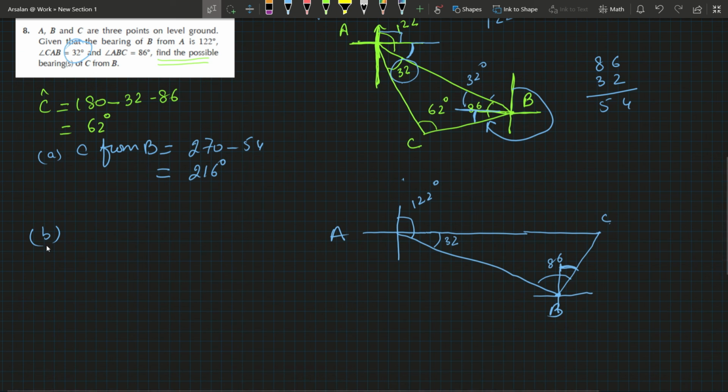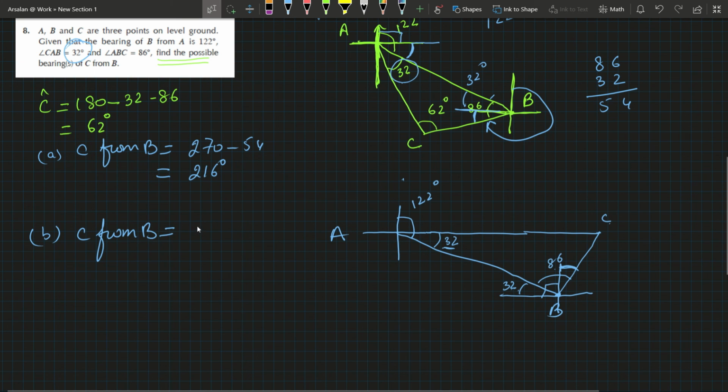Alright, so let's work out. If this AB line makes 32 degrees with the horizontal, then the same line will make 32 degrees here, right? All I need to do is to find this angle. So you see, if I add 32 and 86 and then I subtract this 90 degrees, I'll get this angle. So bearing of C from B, second possibility.